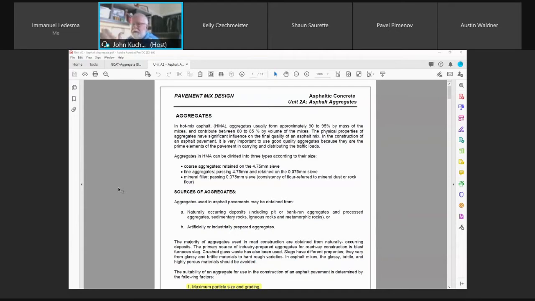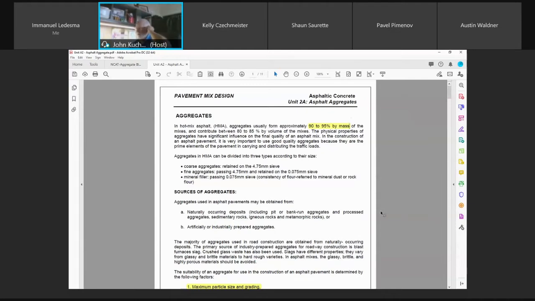So if you got 5% asphalt, then you got 95% aggregate. It's got a total of 100, okay? So just the 2 ingredients. And you're going to have air voids, but air voids are a little function of the whole mix. So by volume, you're looking at 80 to 85%. It's by mass. I apologize.